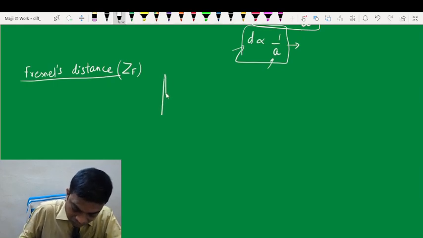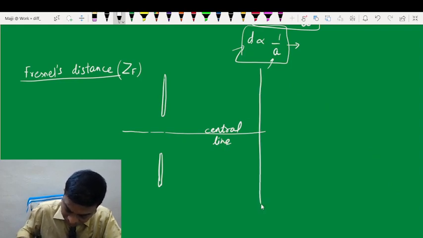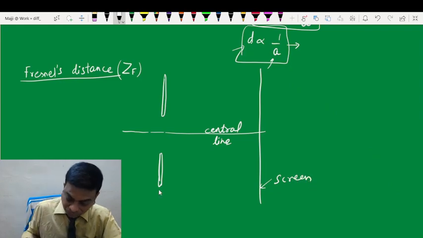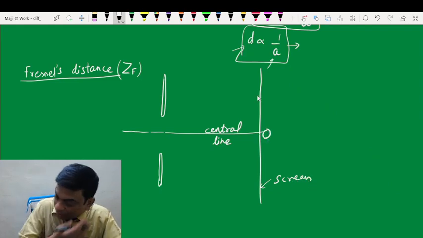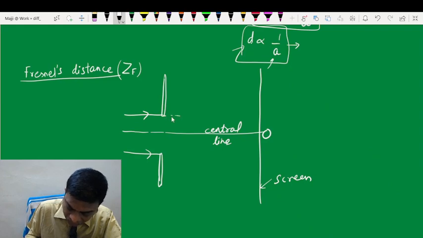Now suppose you have a slit here. This is the central line, and this is the screen. Let us say light is coming like this, and instead of going straight, it has deviated and reached here.